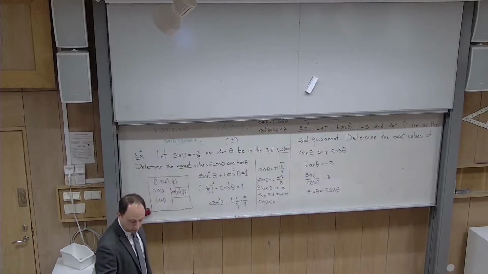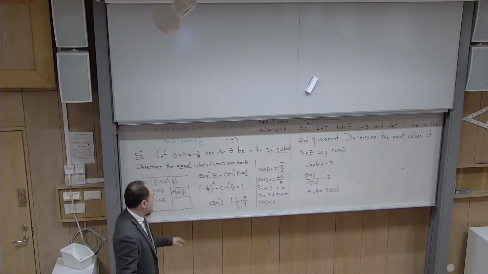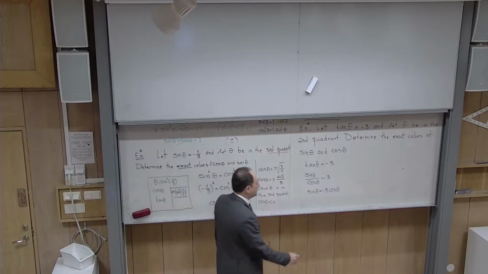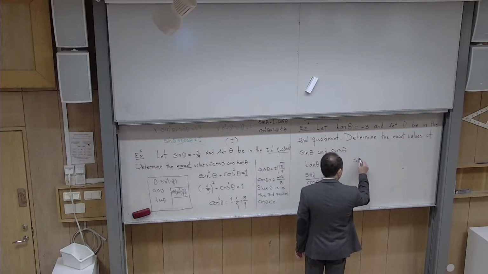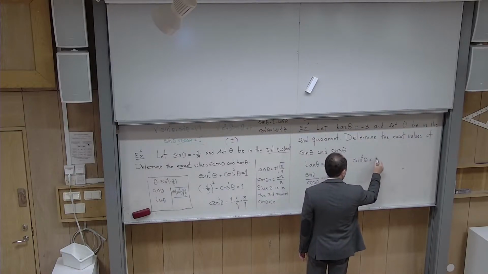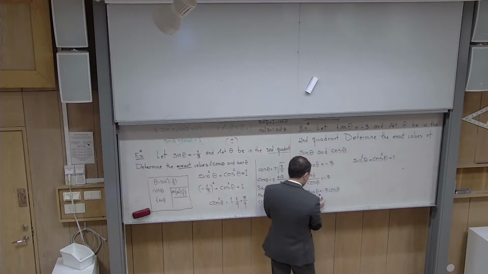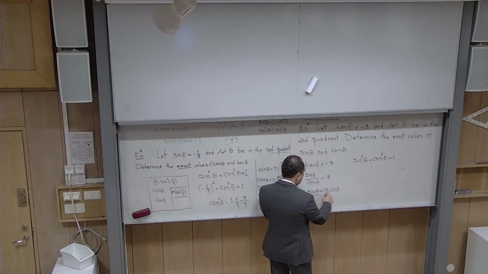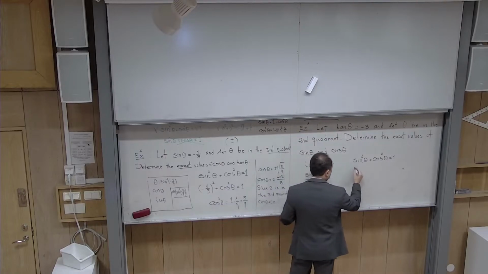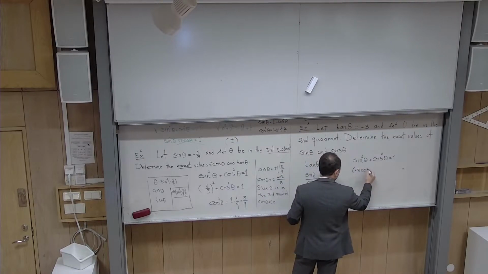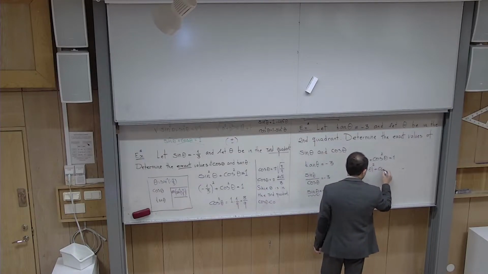Yes? Can you put this in the original formula? Yeah, we can just use another piece of information that we always have. They don't mention it, but you need to remember it, okay? So we have this formula as well, but instead of sine, I can substitute minus 3 cosine theta. So I put it here, so this becomes minus 3 cosine theta, totally squared, and then plus cosine squared theta is equal to 1.